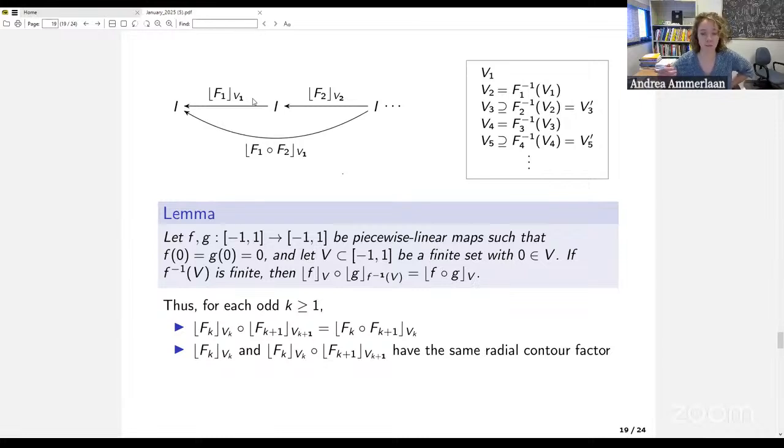And then, as I just mentioned, we know that the radial contour factor of F1 ring F2 truncated with respect to V1 equals the radial contour factor of F1 truncated with respect to V1. So now we have that stabilization that we wanted to see earlier.